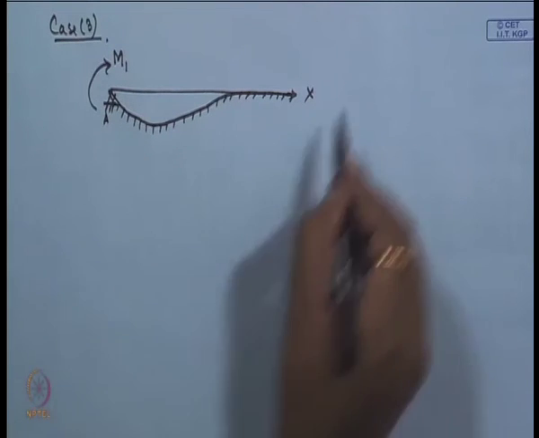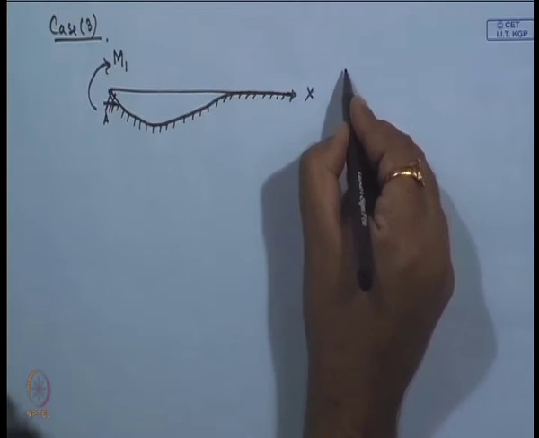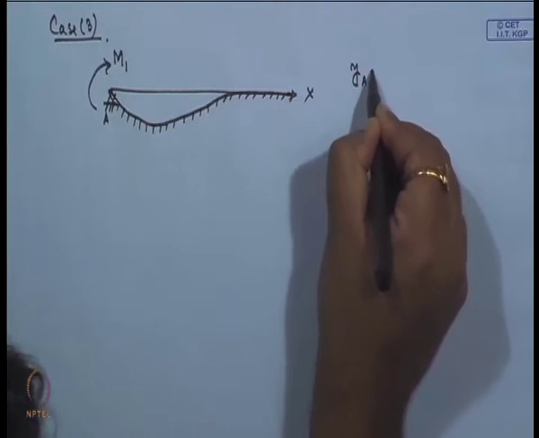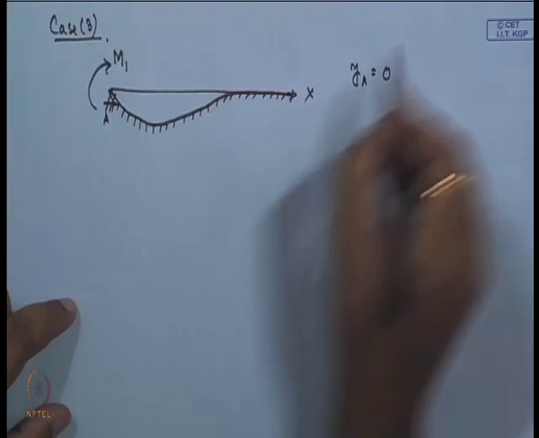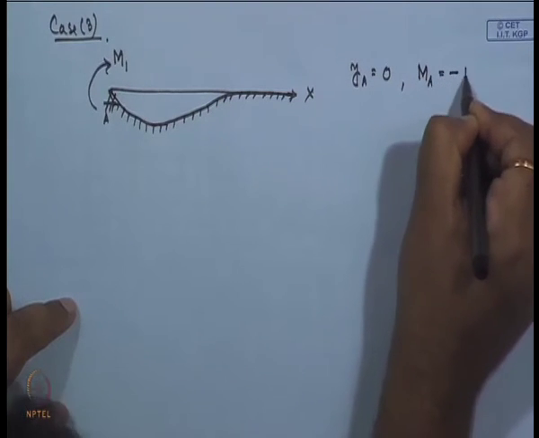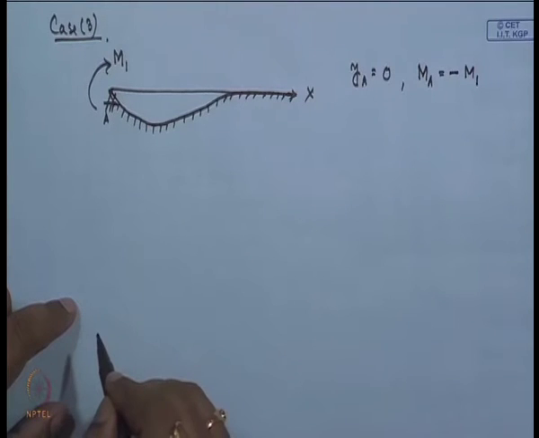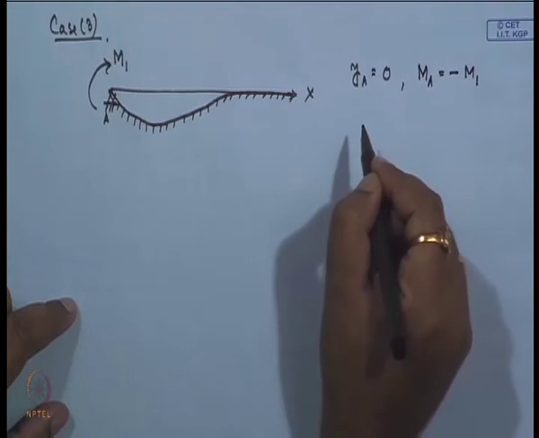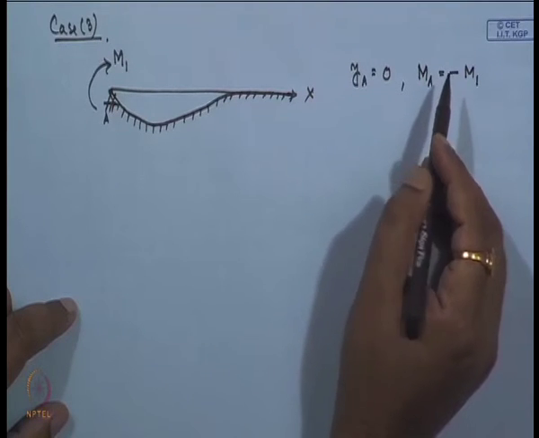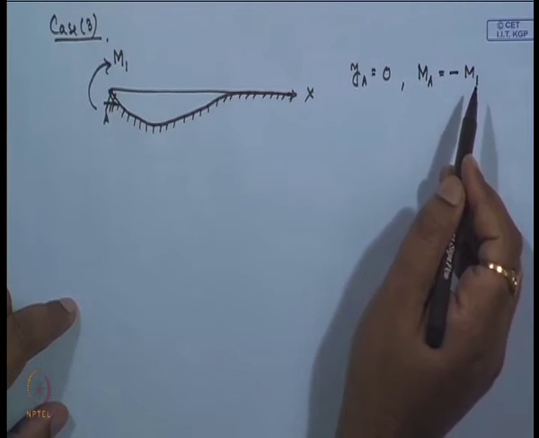So, this is a point. As it is a hinged beam, y a will be 0 and m a will be minus m 1.